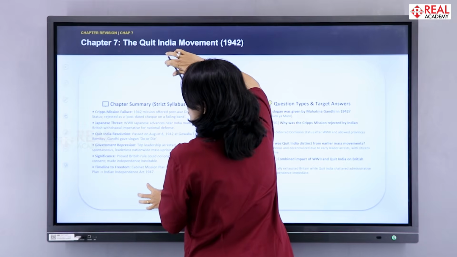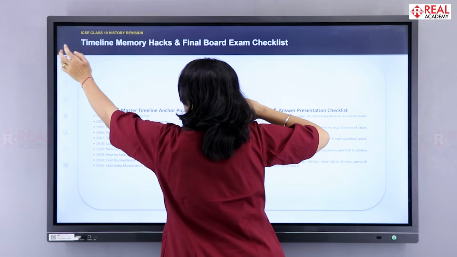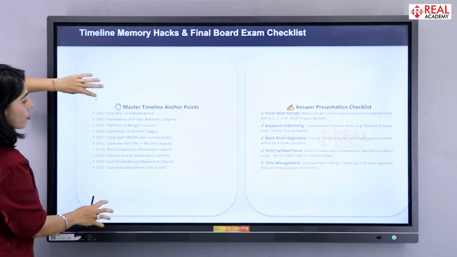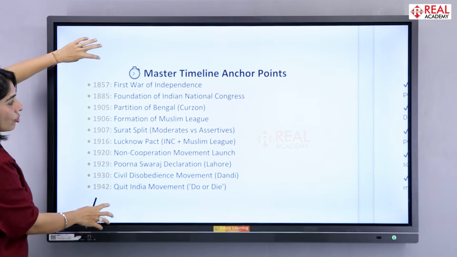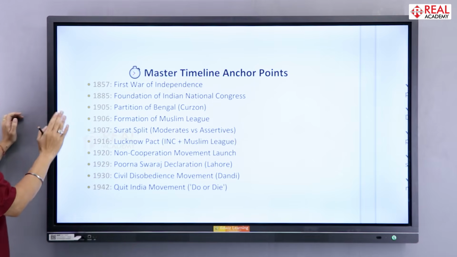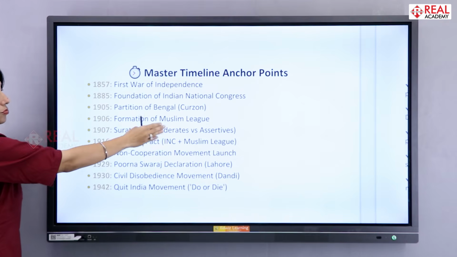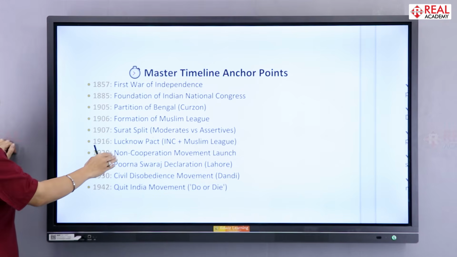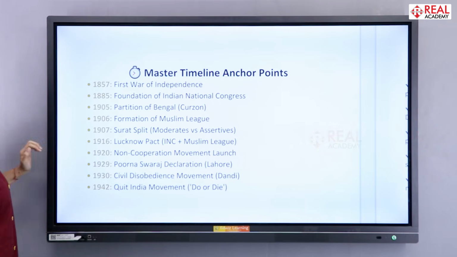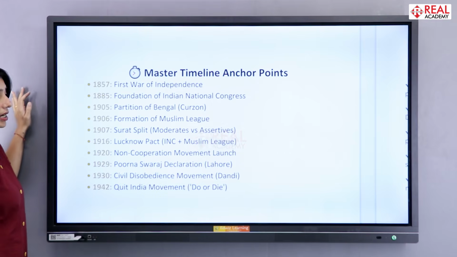Okay. So 1857 we talk about as your first war of independence. All right. Then 1885, foundation of Indian National Congress. 1905, something to remember, partition of Bengal. 1906, formation of Muslim League. 1907, Surat split, that is moderates versus assertives. 1916, Lucknow Pact. 1920, the non-cooperation movement launch. 1929 is Purna Swaraj Declaration at Lahore. 1930, we come up with Dandi March, that is civil disobedience movement.